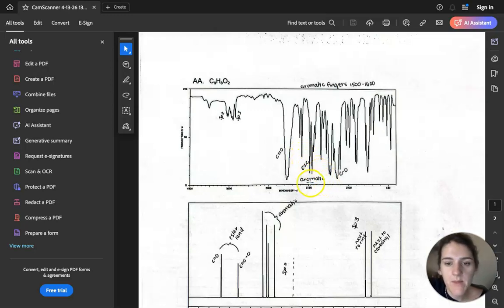And this is making me think aromatic because there are so many different aromatic fingers, and especially with our degree of unsaturation, we have to have an aromatic. So all of this is confirming my hypothesis. But then we come over here, just above the 1000 mark, I see another strong signal that doesn't look like the rest. This is my C bond O.